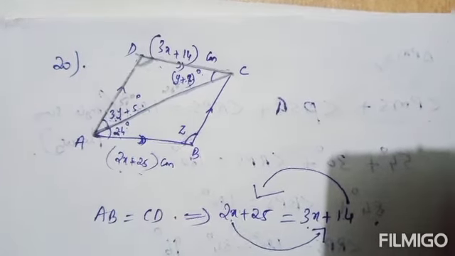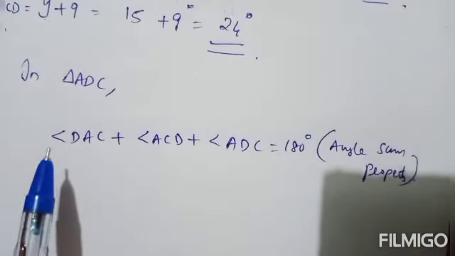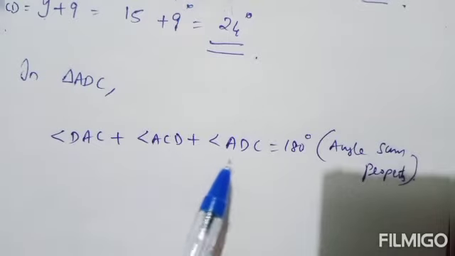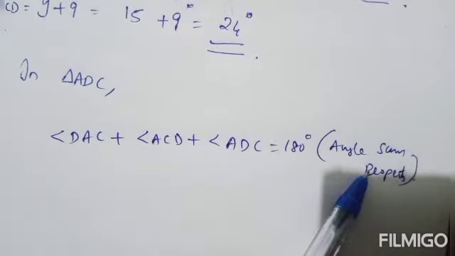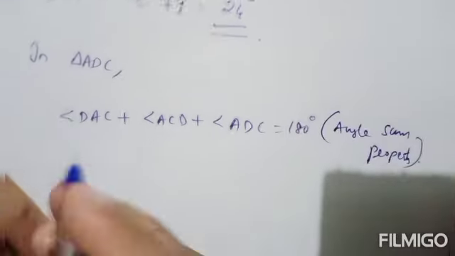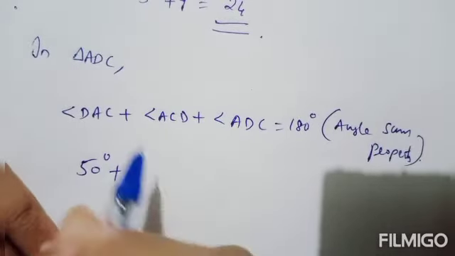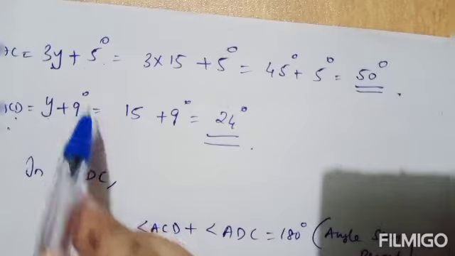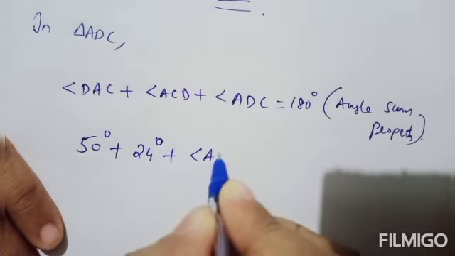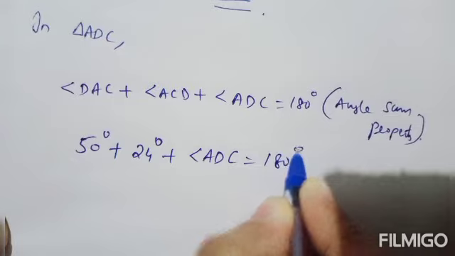Okay, so in triangle ADC, applying angle sum property, you will get angle DAC plus angle ACD plus angle ADC equal to 180 degree. Angle DAC we found, 3y plus 5 degree, it is 50 degree. So 50 degree plus angle ACD, y plus 9 degree, which is 24 degree, plus angle ADC equal to 180 degree.